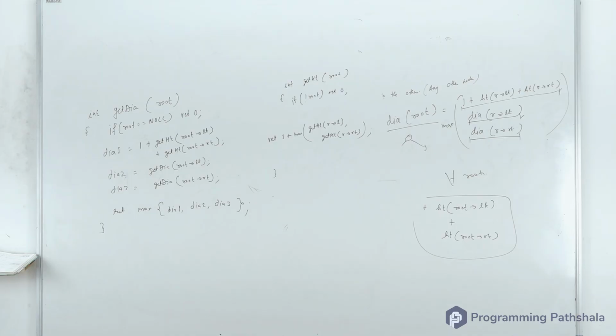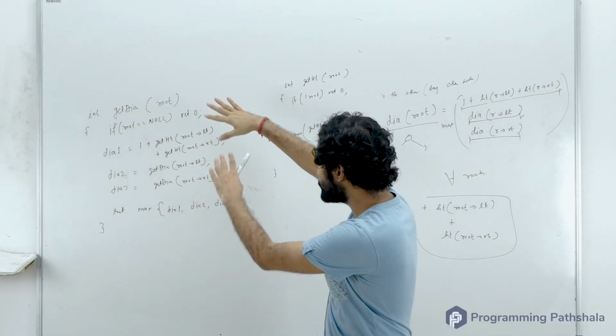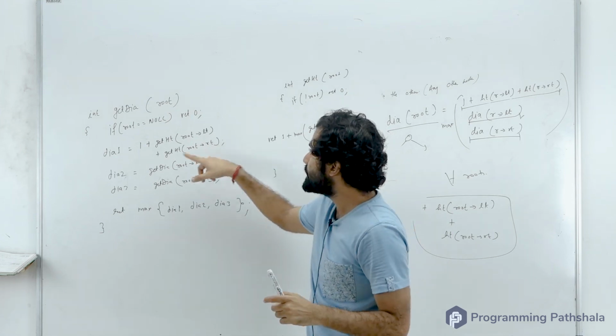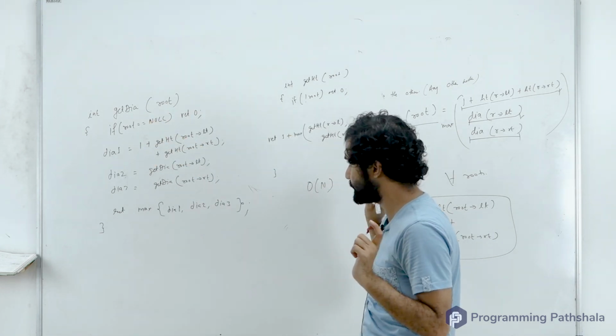Okay, so what is the time complexity of this code if there are n nodes in a tree? If you look at this code, how many times am I going to invoke this method get dia? Get dia is always moving down, recursing to its left and right child and so on. So the number of invocations to get dia would be order of n, where n is the number of nodes, right?